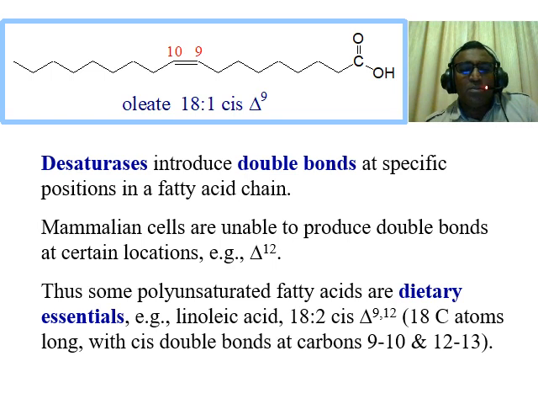Therefore, the mammalian cell needs to obtain any fatty acid with a double bond beyond position 9 as an essential fatty acid. It can only be obtained from diet, while plants can make all the fatty acids, even those beyond position 9.